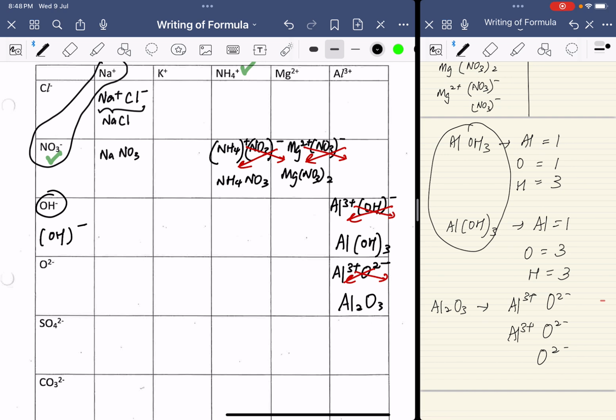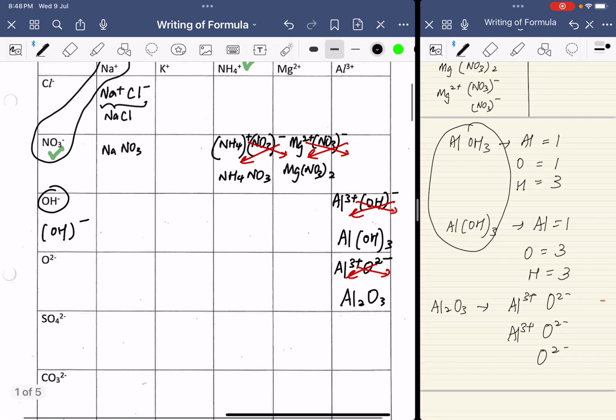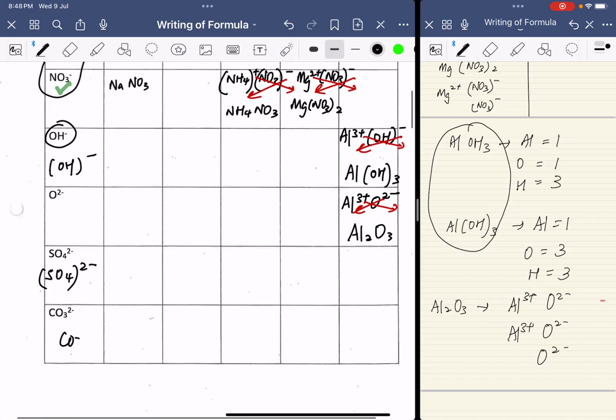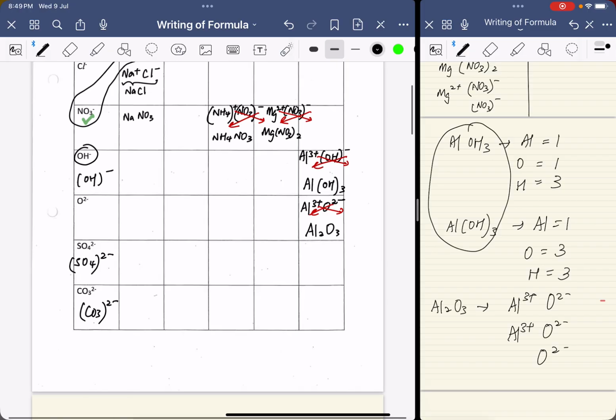I invite you to continue and do. Be mindful if I have a polyatomic such as this, put a bracket. Use your habit to put a bracket here. Now you pause your video and start to do all this and see how much you can understand.